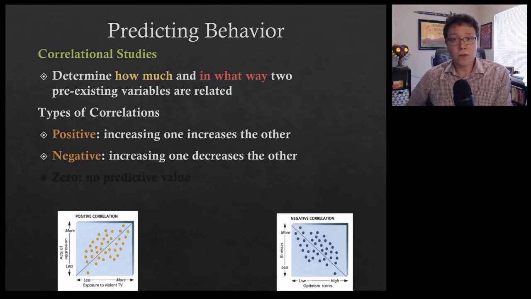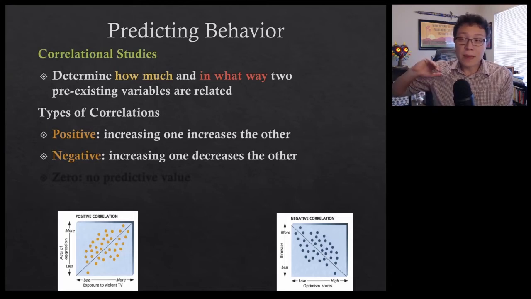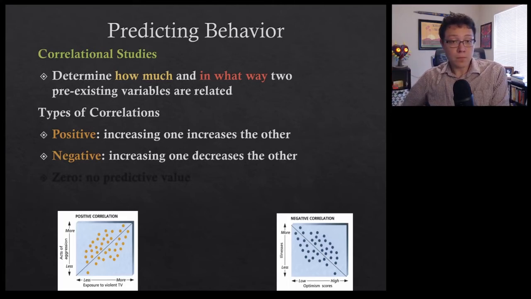But we can see this in other places, right? The more time you spend studying, the less chance you have to fail an exam. Might be a way we can think about that as a negative correlation, but we would probably more think about that as time spent studying increases, grades or score on an exam increases as well.